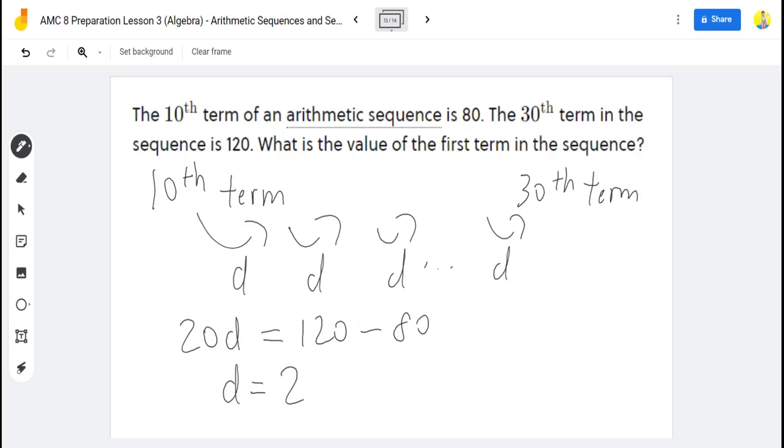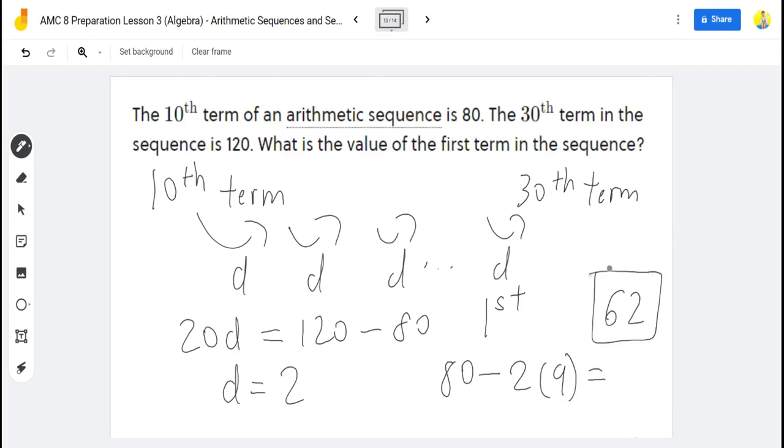Since d equals 2, that means that the first term is just 80 minus 2 times 9. So our final answer is 62. The reason that this is true is because there are 9 common differences from the first term to the 10th term. So you subtract 9d from 80 and get that 80 minus 2 times 9 equals 62.